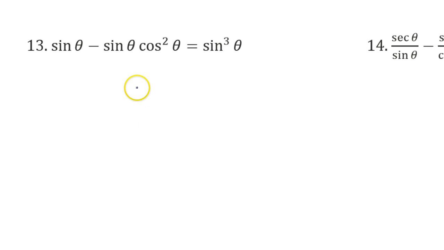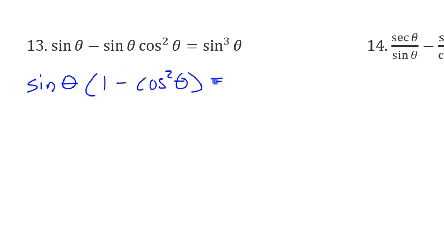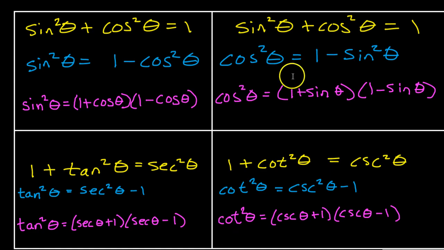All right, take a look at number 13. Again, I see a common factor, so I'm going to factor out sine theta. That will leave behind 1 minus cosine squared theta is equal to sine cubed theta. I wonder if this is on that chart. Okay, so I have 1 minus cosine squared.